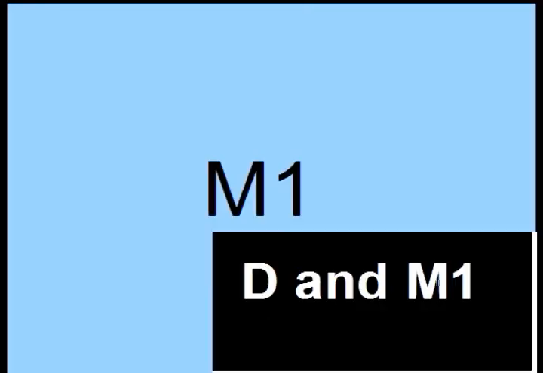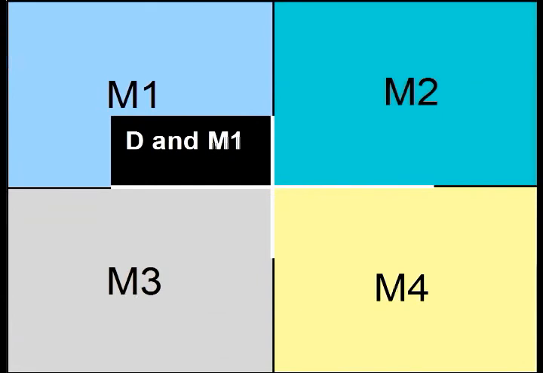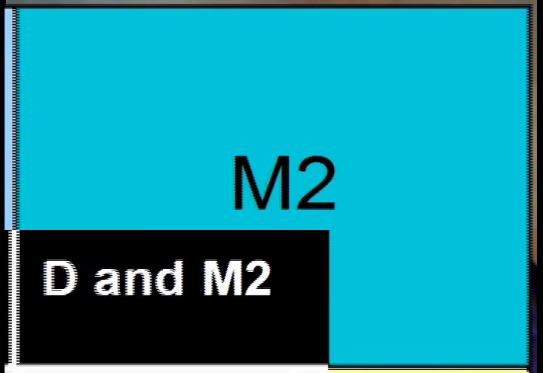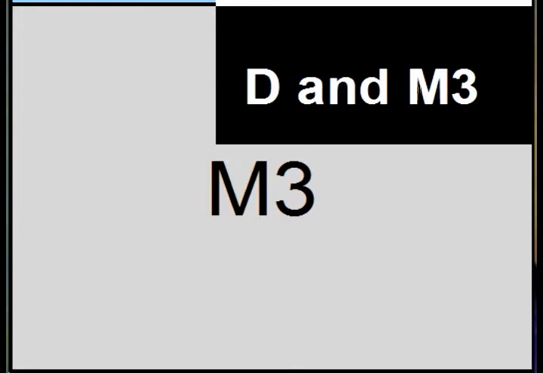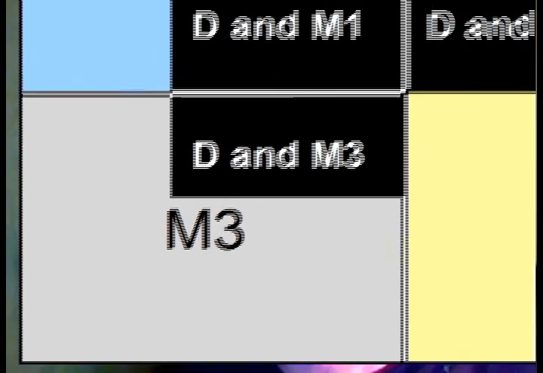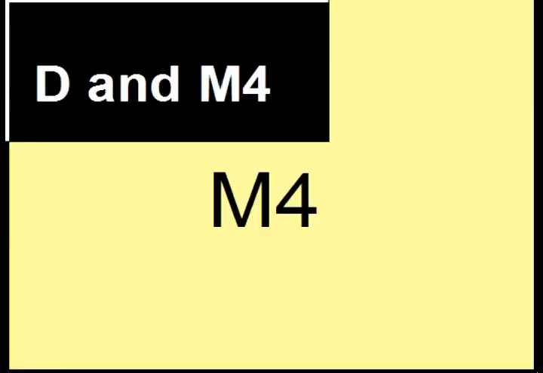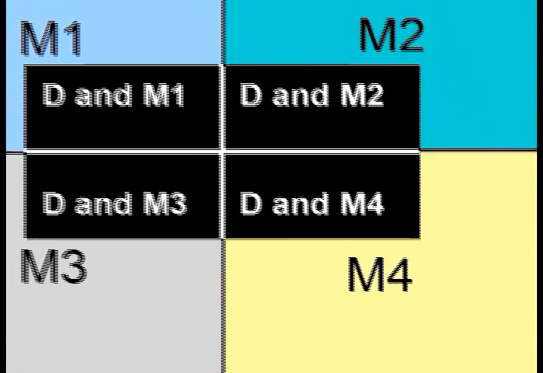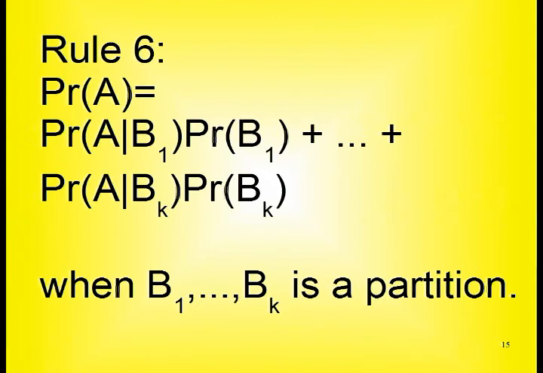Or it's the probability for the data given model 1 zoomed out, that is multiplied with the probability for model 1, plus the probability for the data given model 2 zoomed out, plus the probability for the data given model 3 zoomed out, plus the probability for the data given model 4 zoomed out. And that's the most advanced rule I will show here.